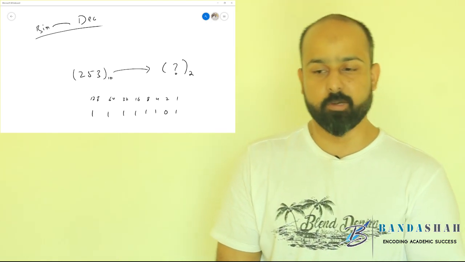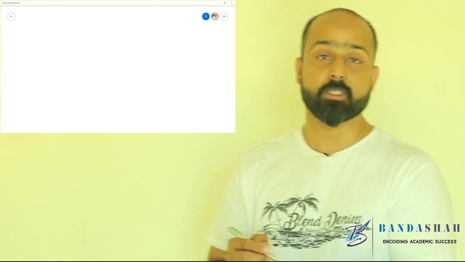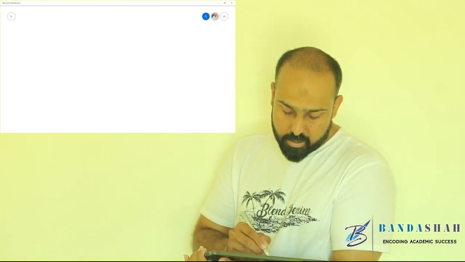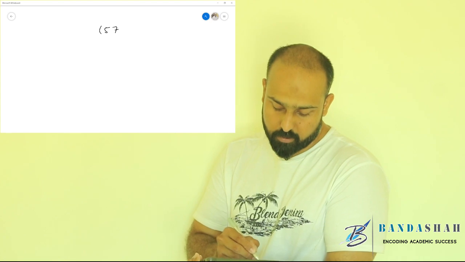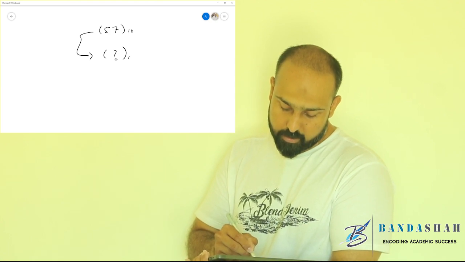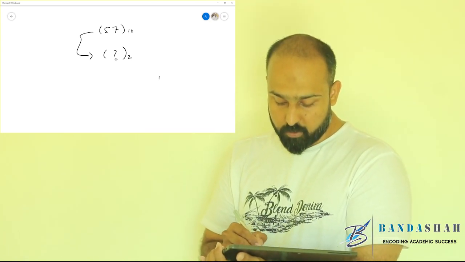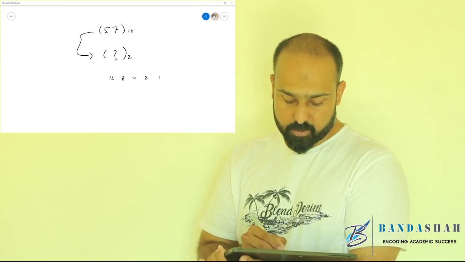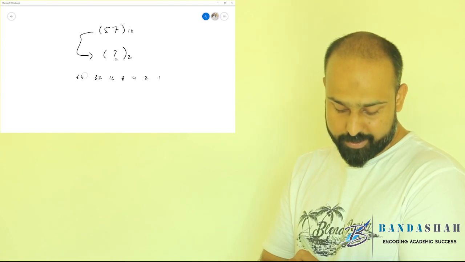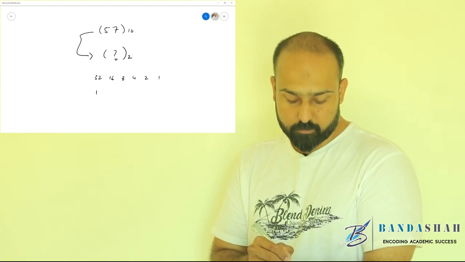Just for the sake of making it a little bit simpler, let us try an easier question, so if somebody is having some difficulty, they can have an idea. For example, if we have a number like this one, let's call it 57. It's a decimal number. We need to convert it into its binary equivalent. Just start making the pattern. 1, 2, 4, 8, 16, 32, 64 is not required because ultimately 0 will go underneath it. So how to make 57? 32. Let's switch on 32. Now we have 32.